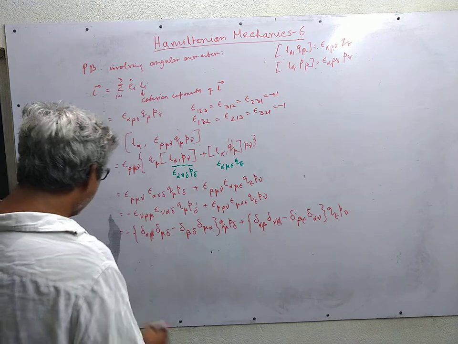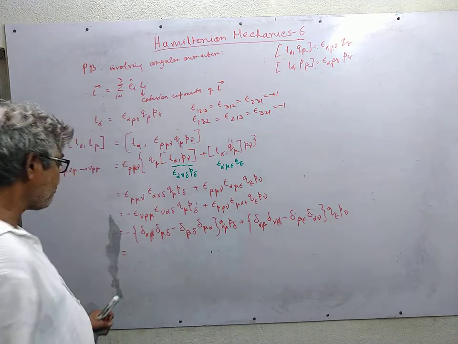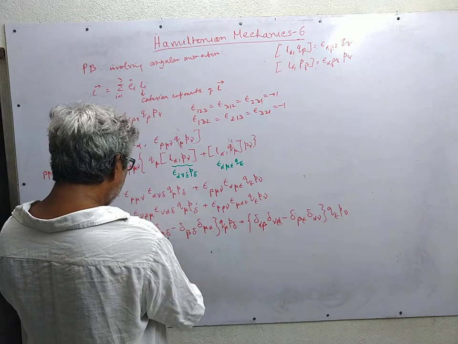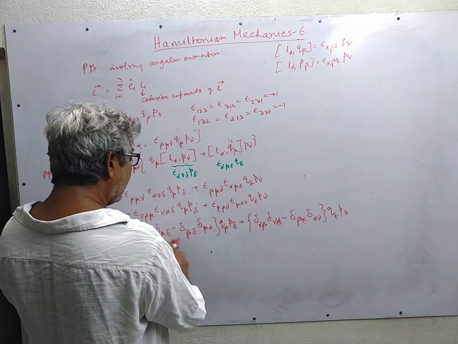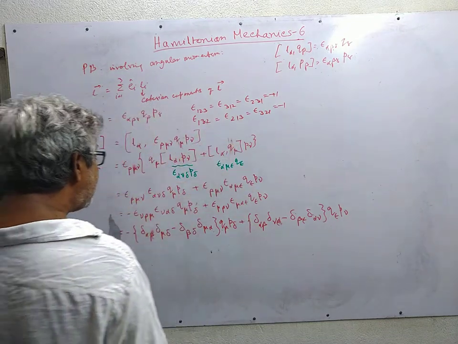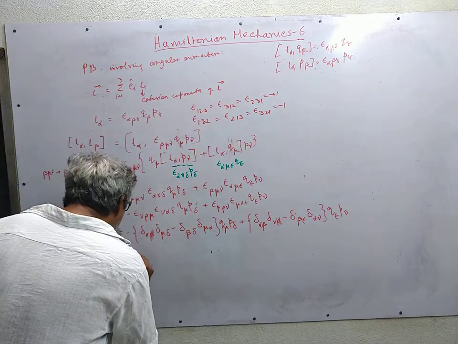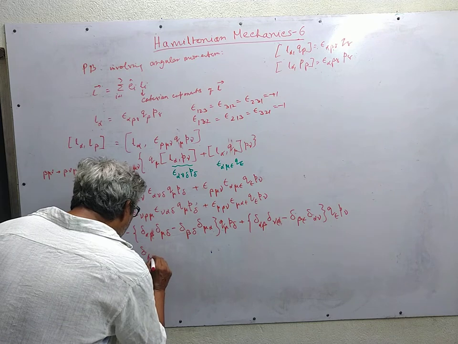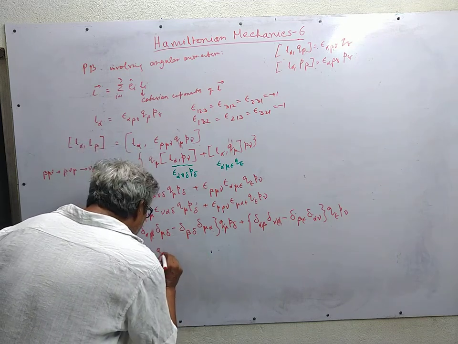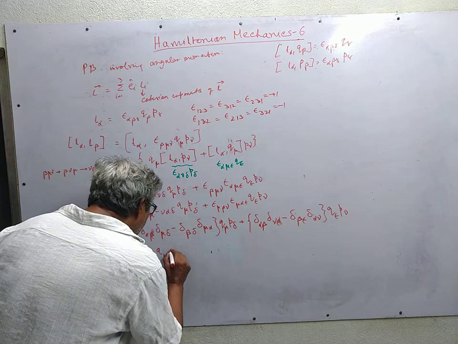Now if we carry out this term, then we find that mu and delta will have the same value. So we have minus delta of alpha beta, and we write it q mu p mu.